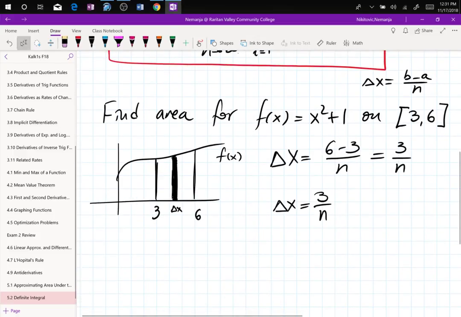The next order of business is to locate the c_i's. So what is c_i equal to? Well, the first one is a, the last one is b, and then you have all of these partitions in between. The formula is a plus i delta x.